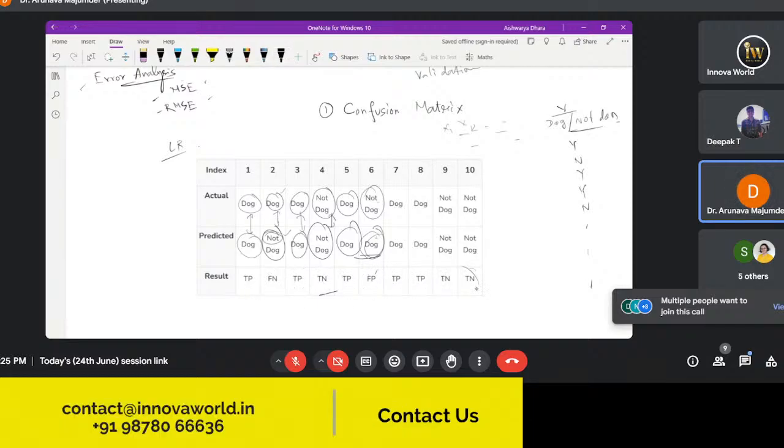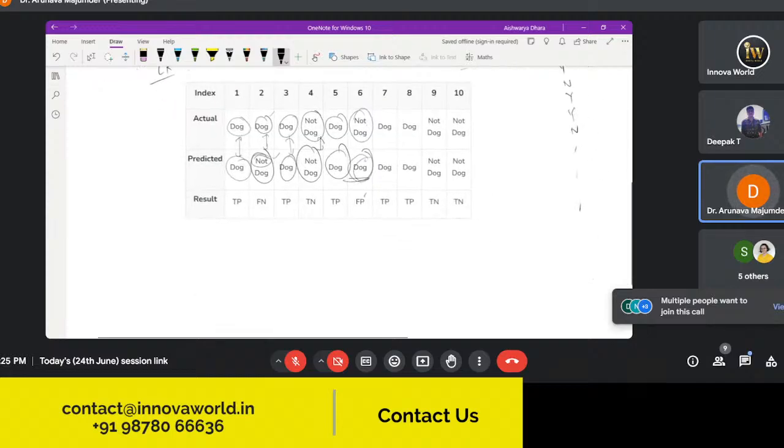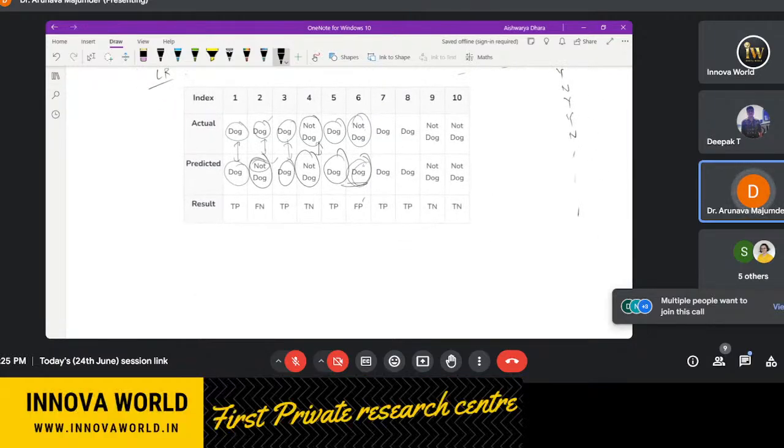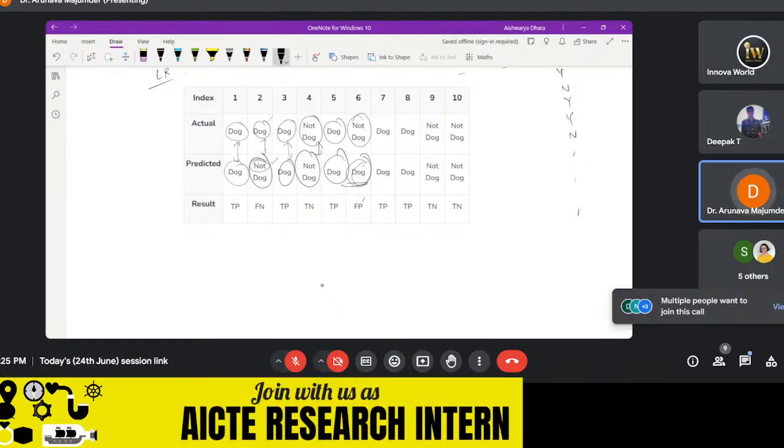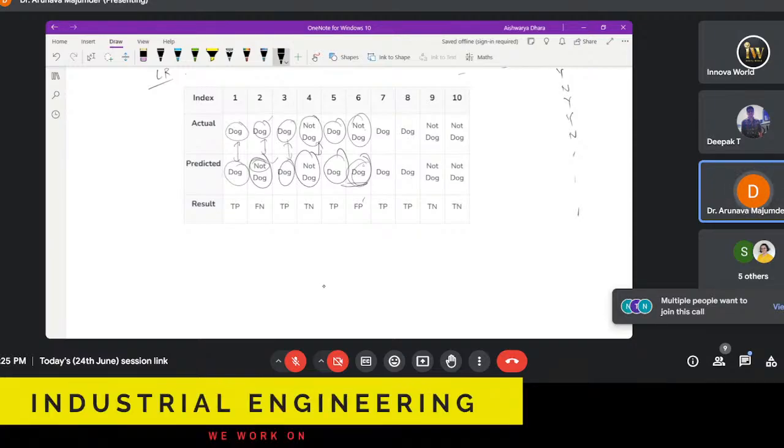Understood? So now, what is the confusion matrix? A confusion matrix is a matrix of actual and predicted values. How many true positives were correctly predicted, and how many false positives?